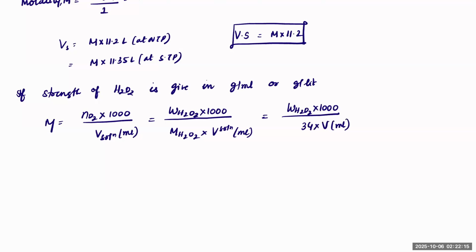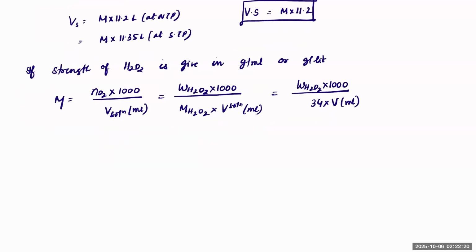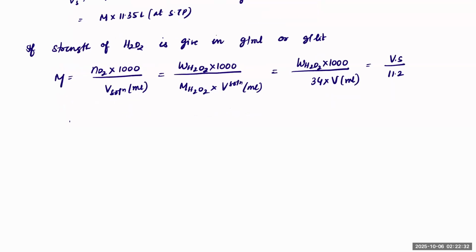Okay, clear? So from here, can I say that weight of H2O2, by the way, this we have already figured out as volume strength divided by 11.2, let's say. This is what we discussed. So from here, can I write weight of H2O2 divided by volume of solution in ml. So what are we getting? This is the strength now.